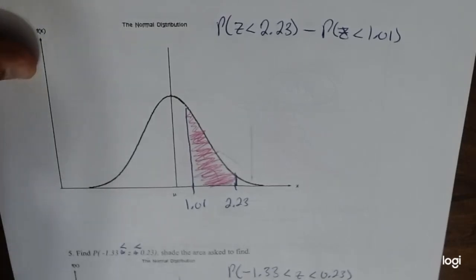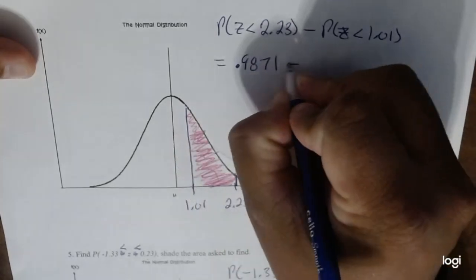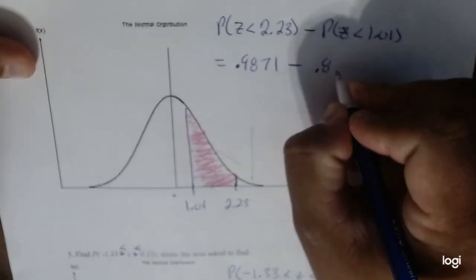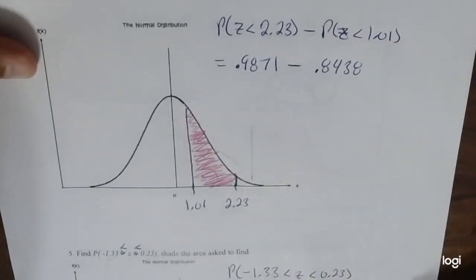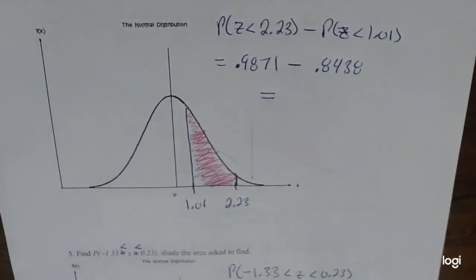Okay, so find the area to the left of 2.23, which should be 0.9871, minus the area to the left of 1.01, which should be 0.8438.